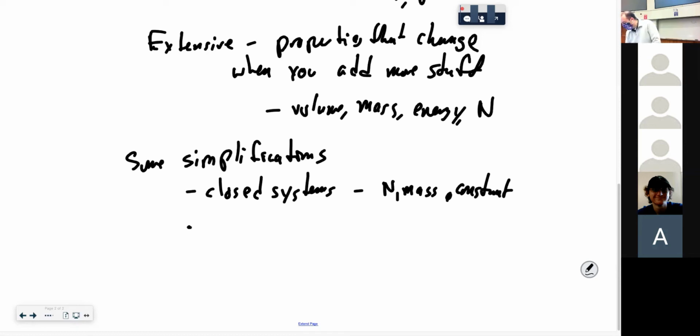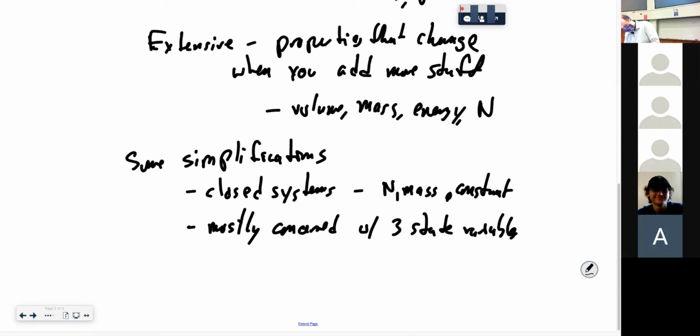And we're going to be concerned most with just three state variables. And those are temperature, density, and volume. Two of these are intensive, and one of these is an extensive property.